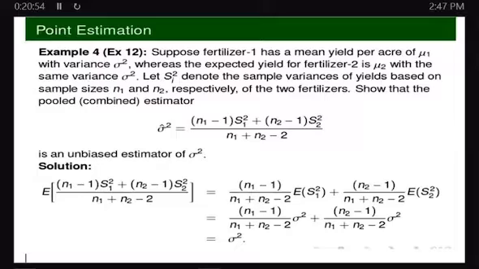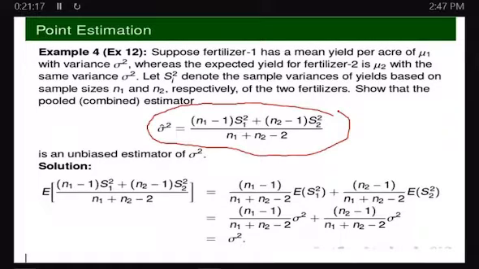Maybe you are comparing two means from two independent populations, and they assume that the population variance is unknown but equal. In that situation, you're going to use pooled variance, right? Now, take a look at this guy. When you see a sigma cap squared, anytime you see a cap, it's an estimator. That's an estimator of a pooled variance.